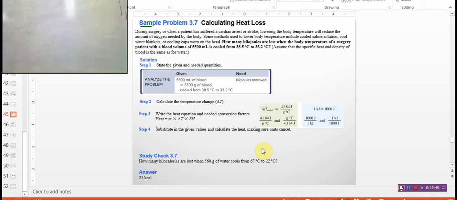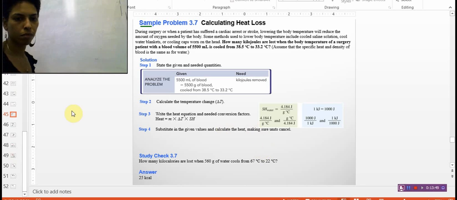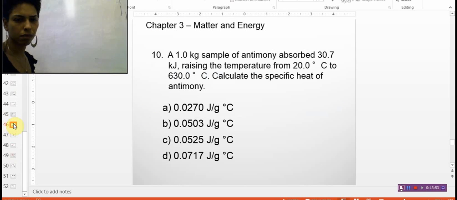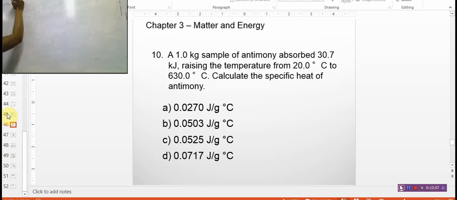Let's take a look at this clicker problem. It says that we have a 1.0 kilogram sample that absorbed.